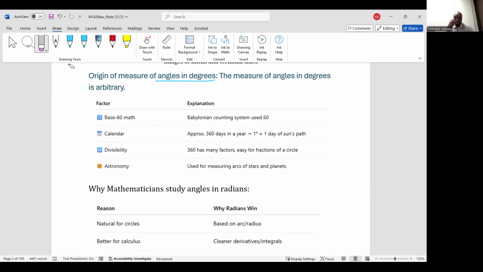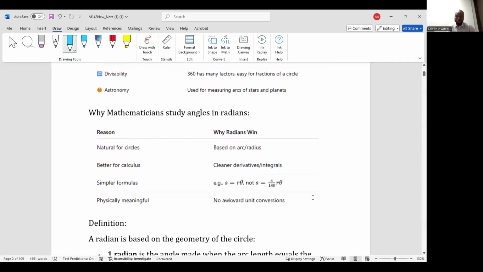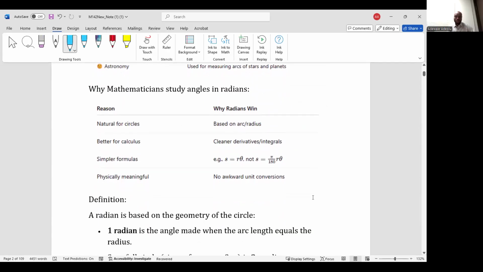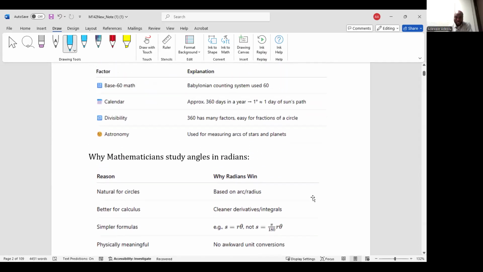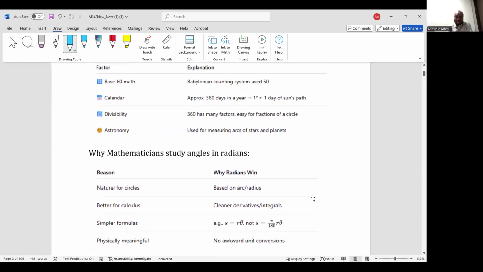So, you will realize from this explanation that coming up with angles in degrees is more of an assumption, working in base 60 because of calendars, which is 365, astronomy, divisibility. So there is a need for us to be more specific, to coin something much better than just this assumption.